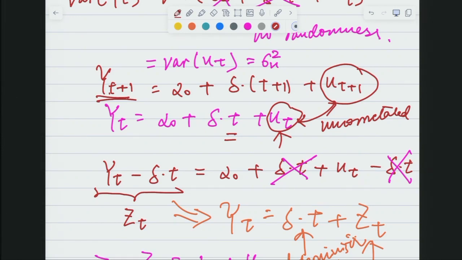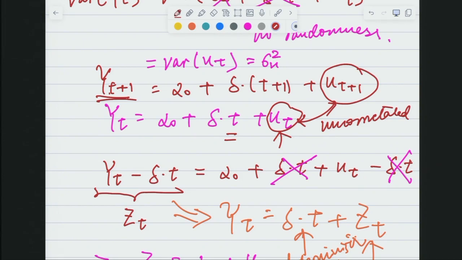In contrast, in a stochastic trend model or series, the shock has a permanent effect. As you can see, the stochastic trend model involves the sum of all past shocks. Each shock directly enters the model equation for the stochastic trend model and remains there forever. Okay?